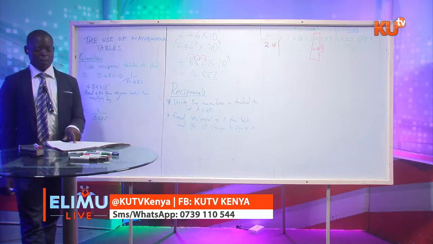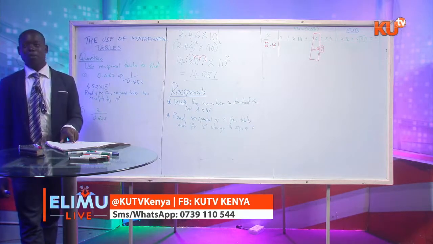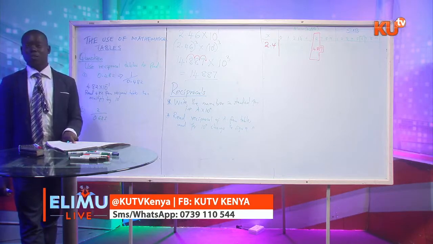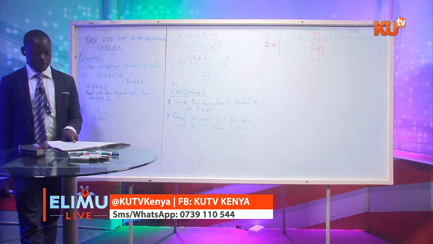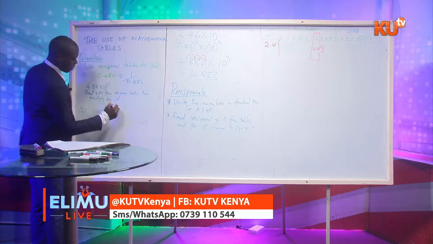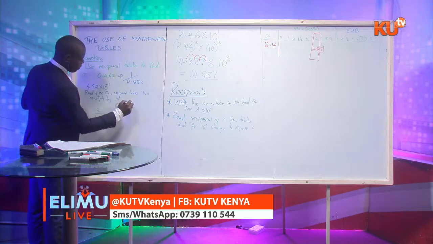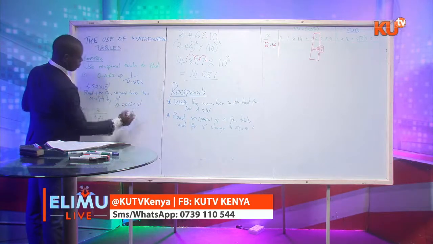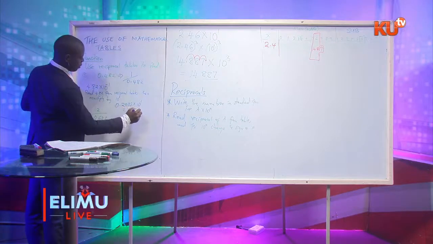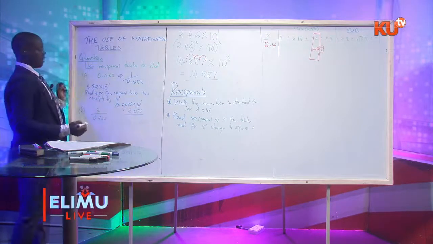All reciprocals, except for 1.0, start with 0. Therefore, this is 0.2075. 0.2075 times 10 power positive 1 means 2.075. That is the solution.